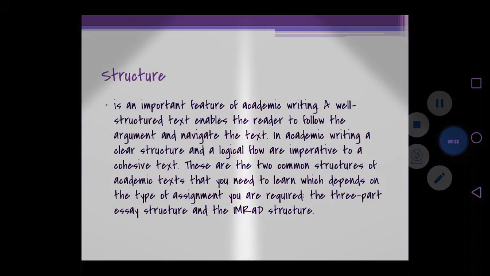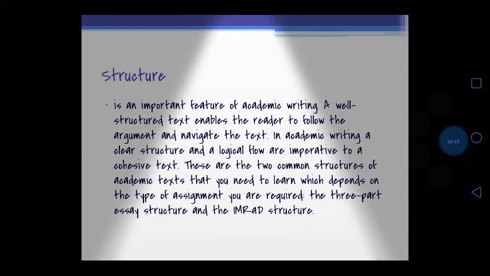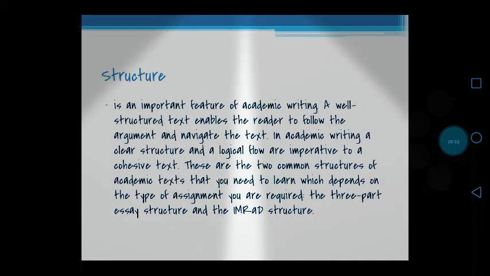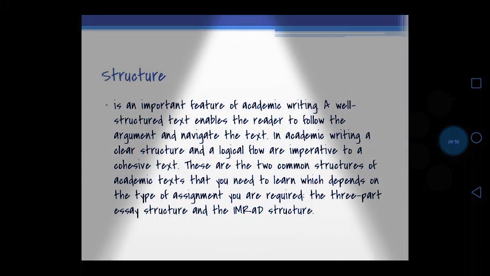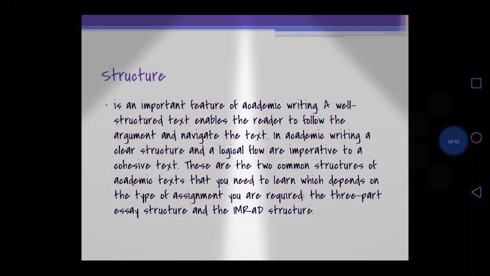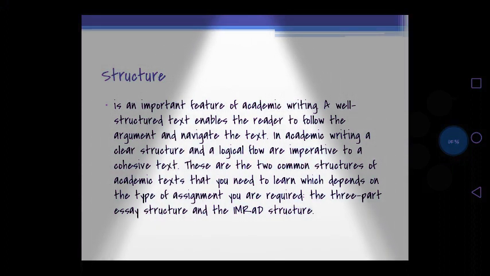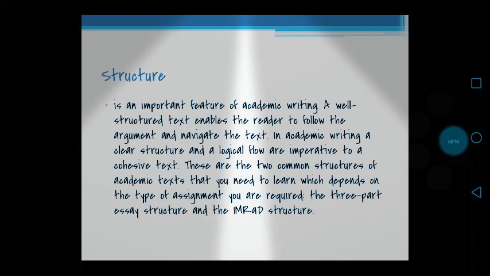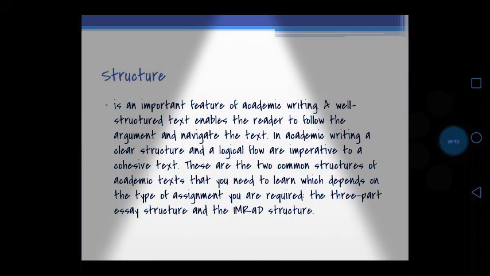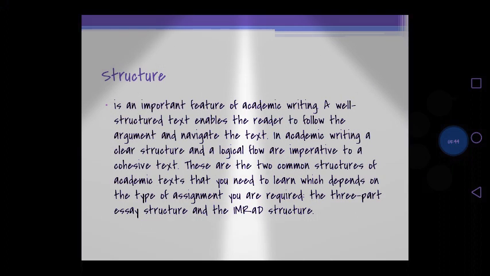Okay, so now let us proceed to academic structure. Structure is an important feature of academic writing. A well-structured text enables the reader to follow the argument and navigate the text. In academic writing, a clear structure and logical flow are imperative to a cohesive text.